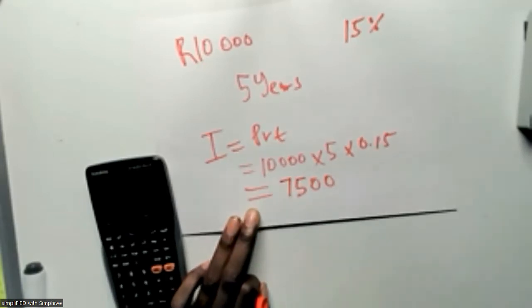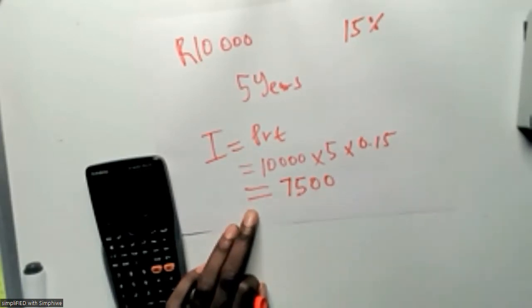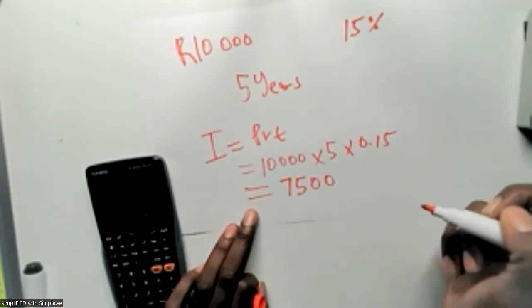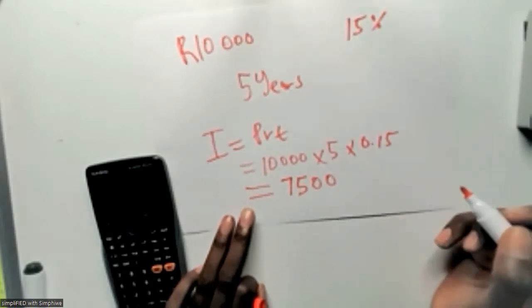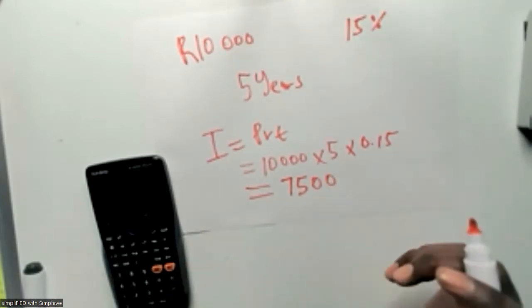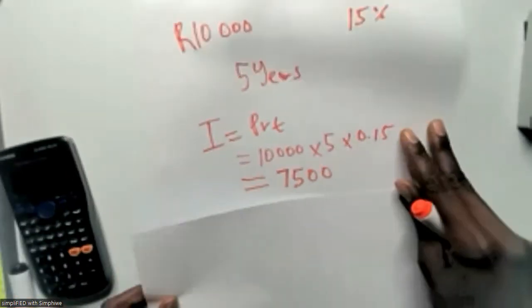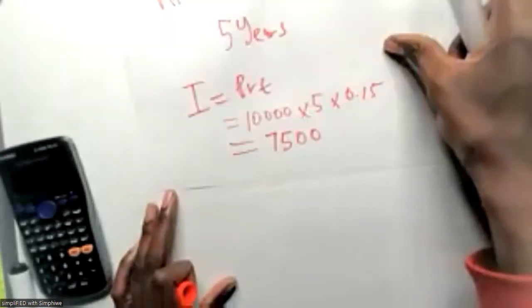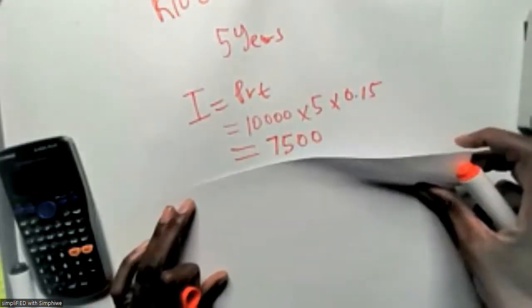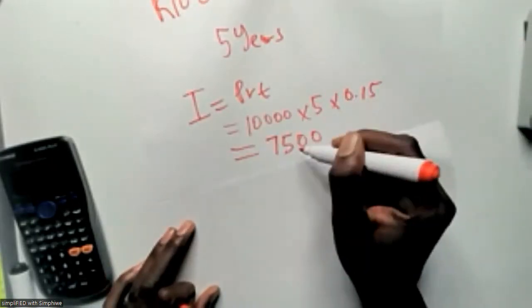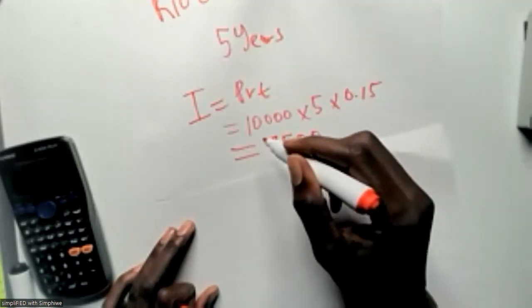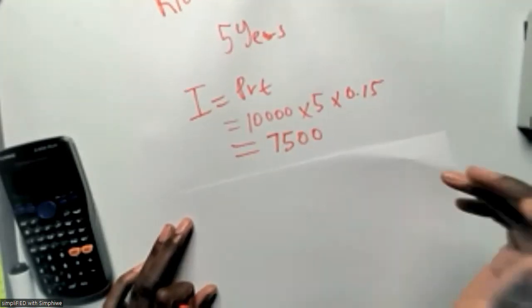But now I don't know why I chose bigger values for this, but suppose the bank says, no, listen, instead of you paying this amount, because in this case the total amount to be paid was going to be 17,500, right?